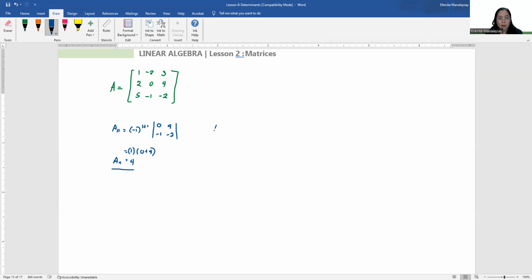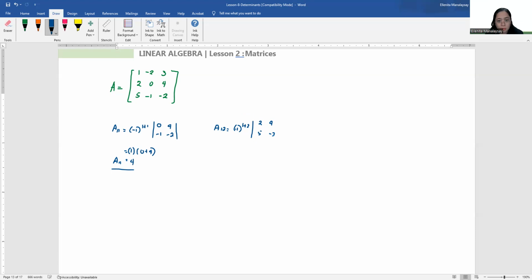How about A12? A12 is equal to -1 raised to 1 plus 2 times the determinant of a submatrix formed by deleting the first row and the second column. So we have 2, 4, 5, -2.